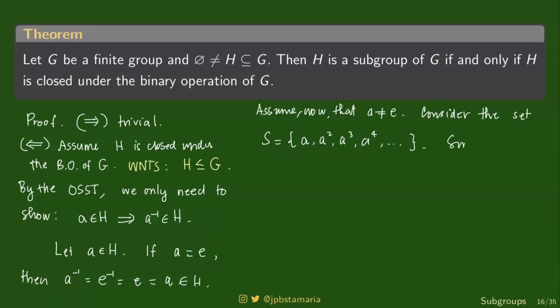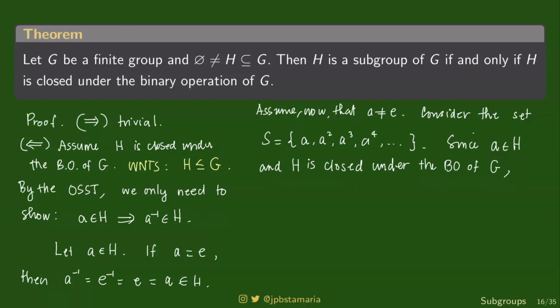First of all, since A is in H and H is closed under multiplication under the binary operation of G, these two facts will imply what?